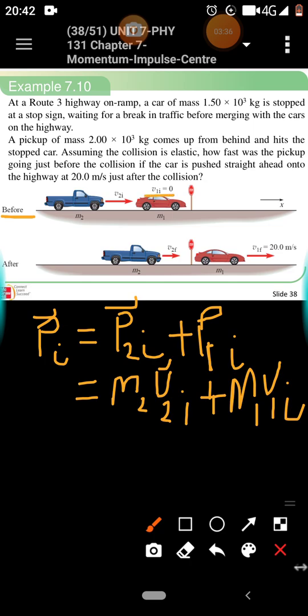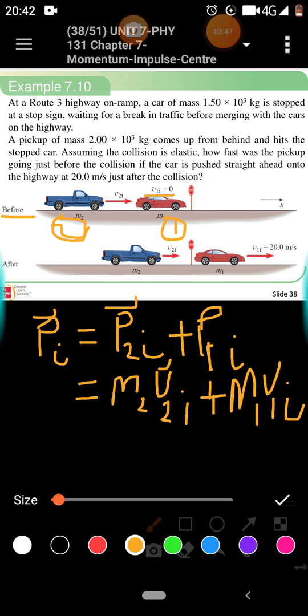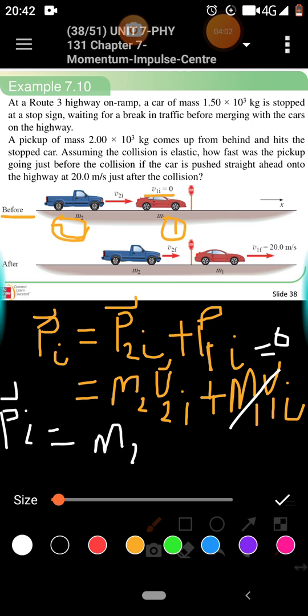From here we see that this is car 1 and this is car 2. The initial velocity for car 1 is 0, so the initial momentum will be m2 v2I.